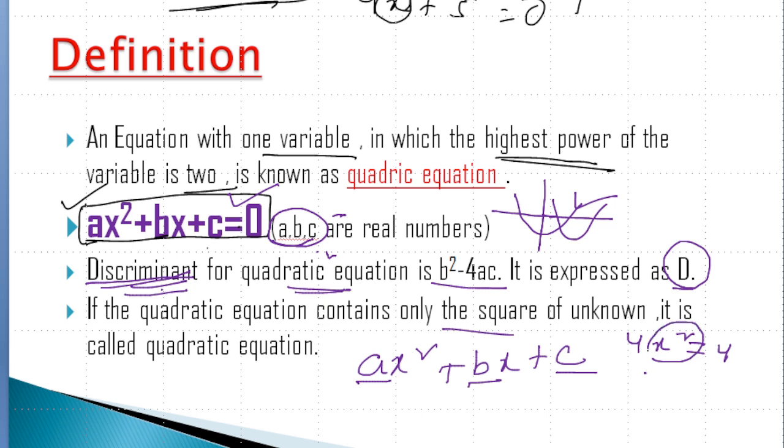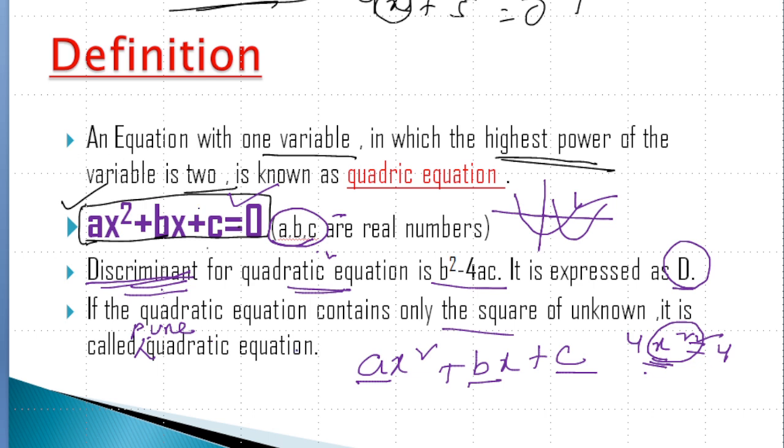Only the x square part is unknown here. This is the quadratic part because it has the highest power, 2. If only this part is unknown, then it is called a pure quadratic equation. It is called a pure quadratic equation.